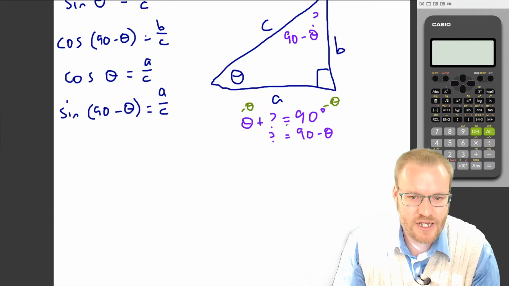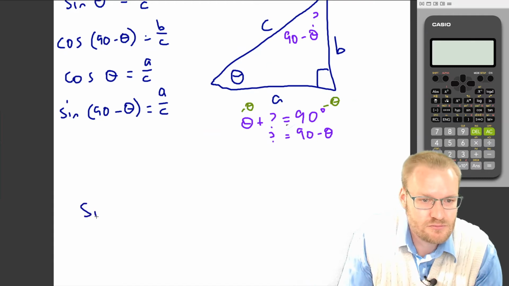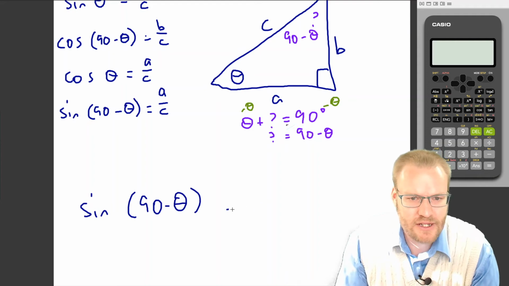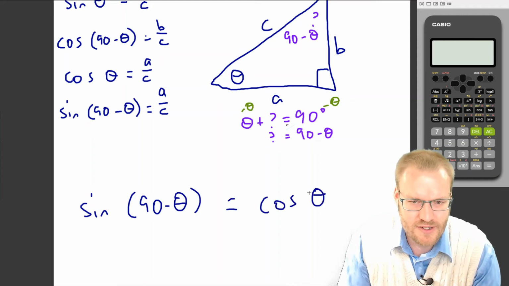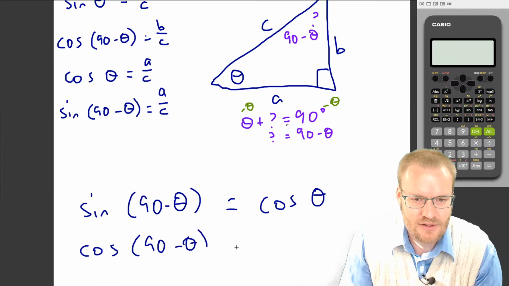So what this reduction tells us is that if you're given sine of 90 minus theta, then it's just the same as cos of theta. And if you're given cos of 90 minus theta, this is just the same as sine of theta.